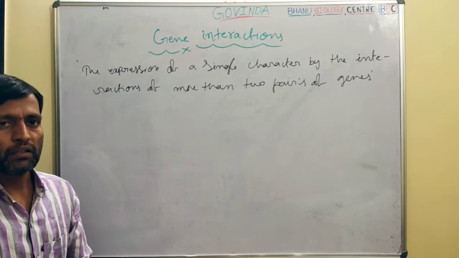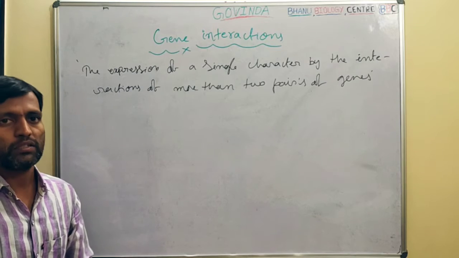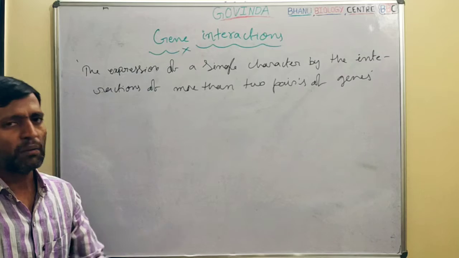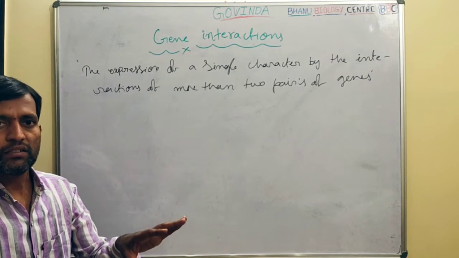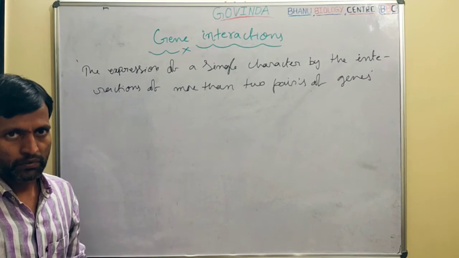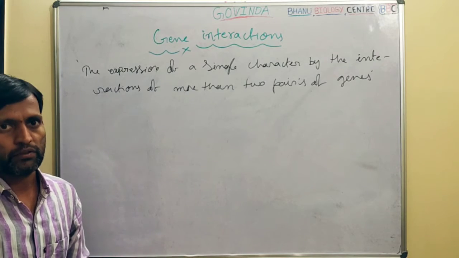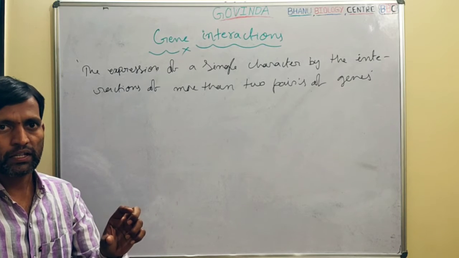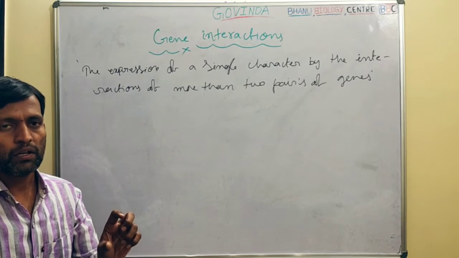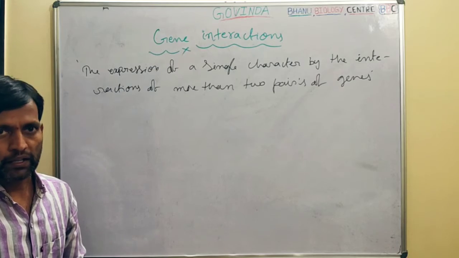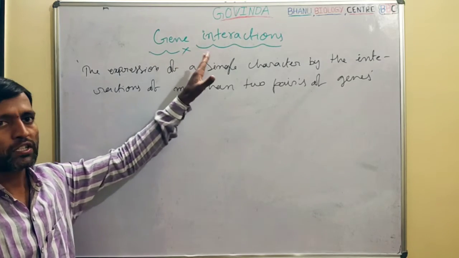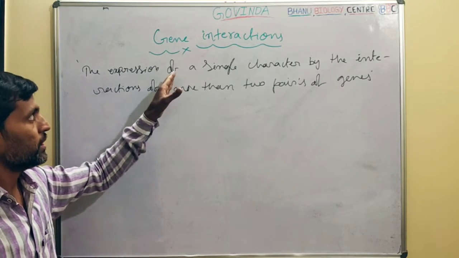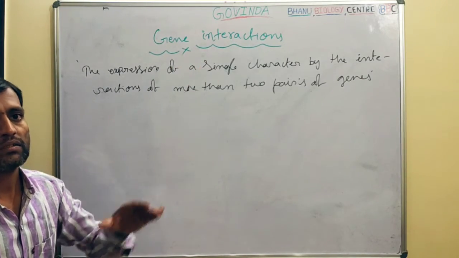But in some other organisms that was not true, because Mendel did not do the same experiments in all organisms. There are some deviations from what Mendel said, deviations from the Mendelian inheritance pattern. So gene interactions are the extensions to Mendelian genetics.